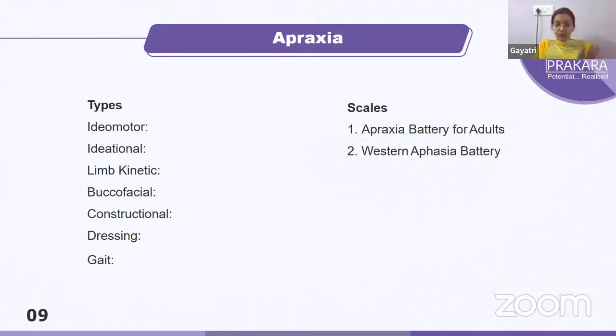You also have the buccofacial apraxia battery. You also have the oral and limb apraxia battery. These outcome measures for apraxia can guide you in quantifying the type of apraxia that we just discussed.